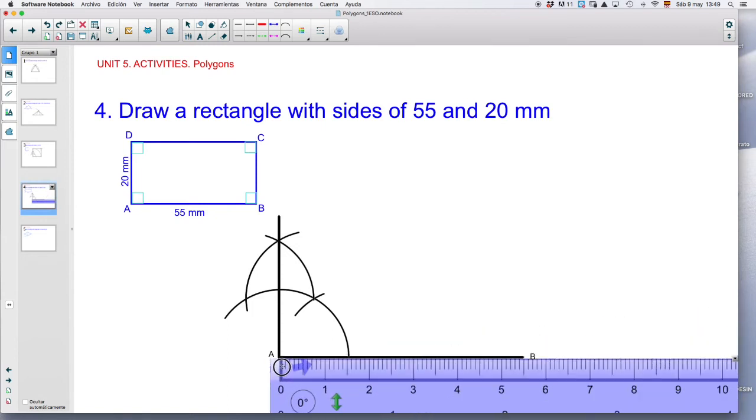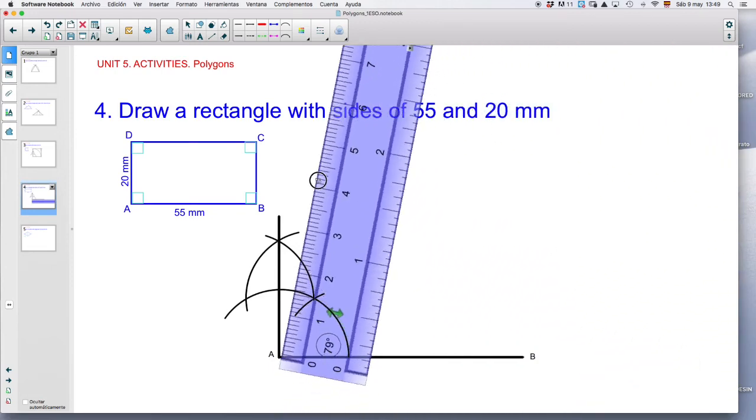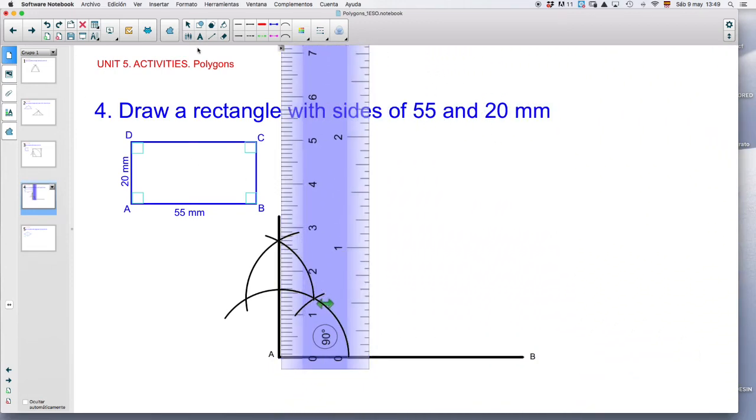Measure from point A upwards on the line at 90 degrees, 20 millimeters. Mark it out. This is vertex D of the rectangle.